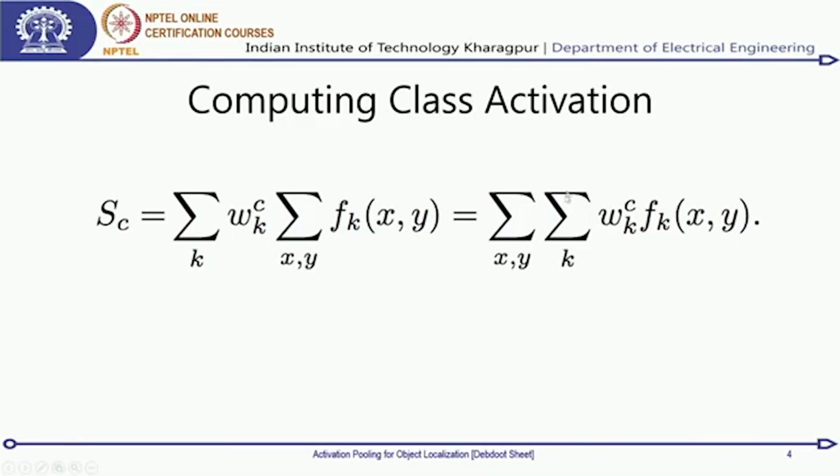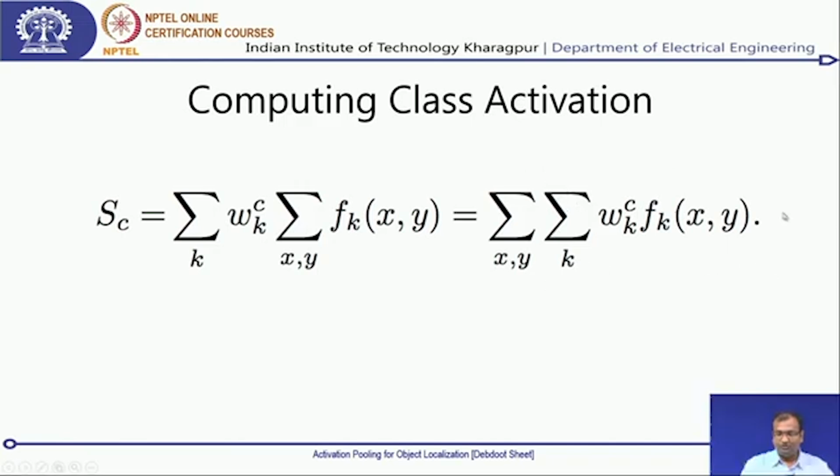If we take the second part of this equation, where I have this inner summation over all the channels of W_k^c f_k(x, y), and if I do not take a summation over x comma y, then that is going to give me a whole channel-magnified view of where my objects are present, which I can obtain from the earlier mechanism.